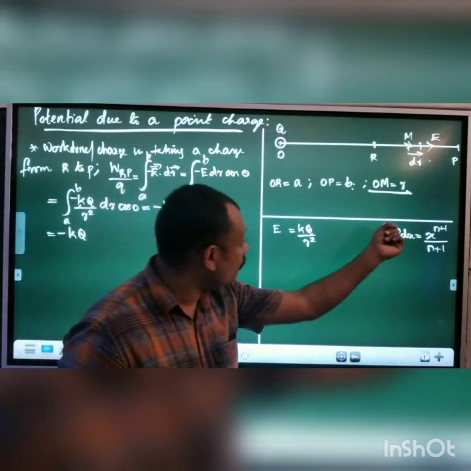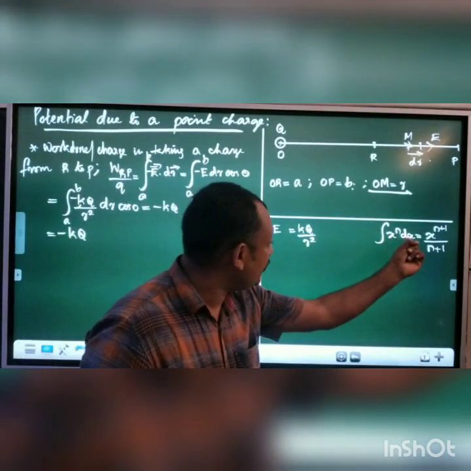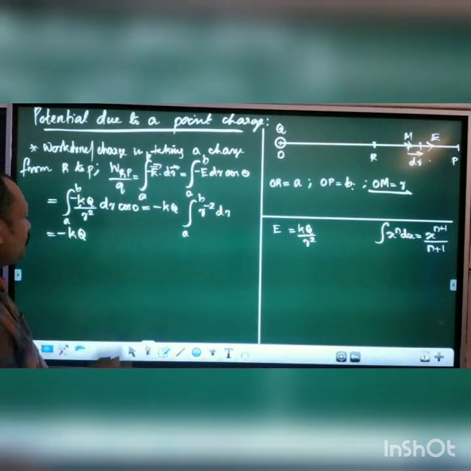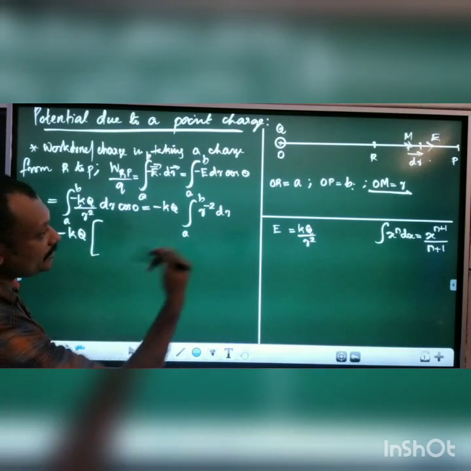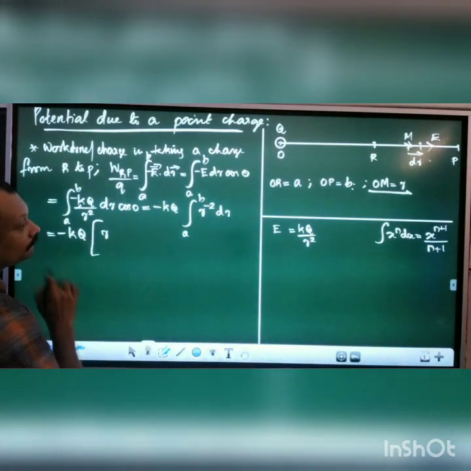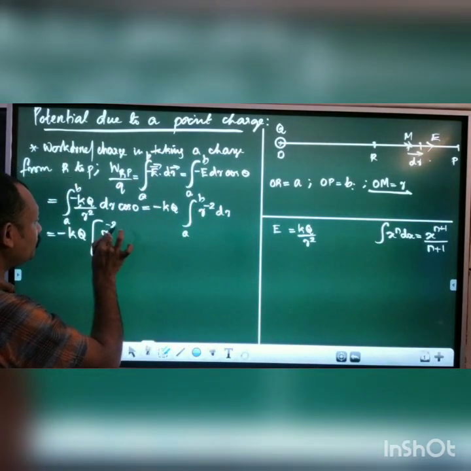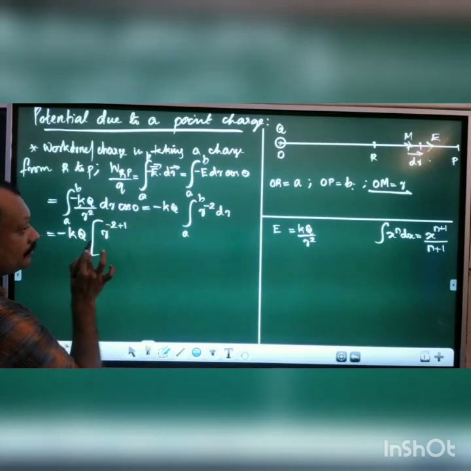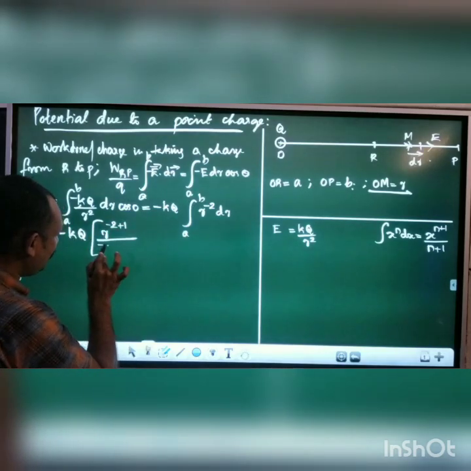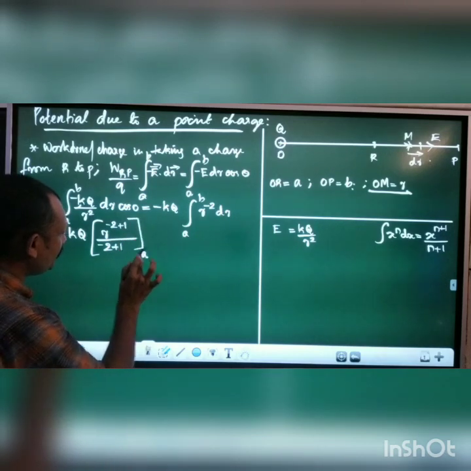What is in place of n here? Minus 2. What is in place of dx here? dr. So then what is your answer going to be? Look at the right hand side. I will write for x as r, and for n as minus 2 plus 1, divided by minus 2 plus 1, within the limits A to B.